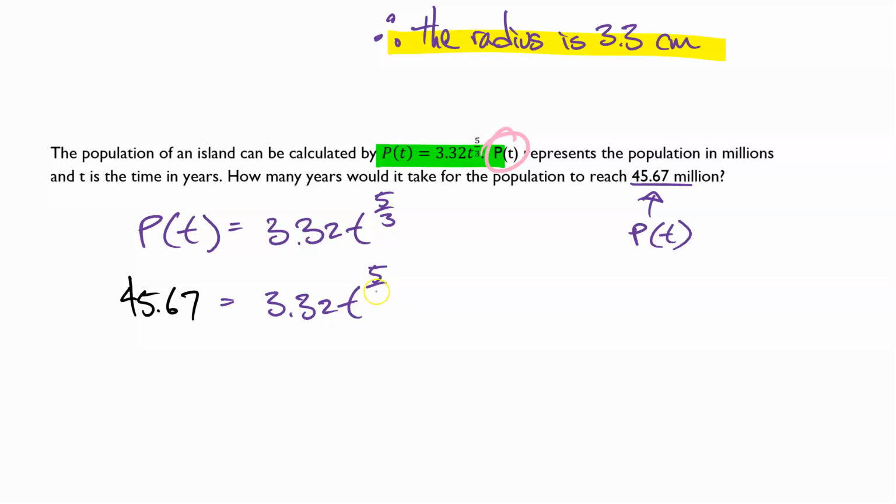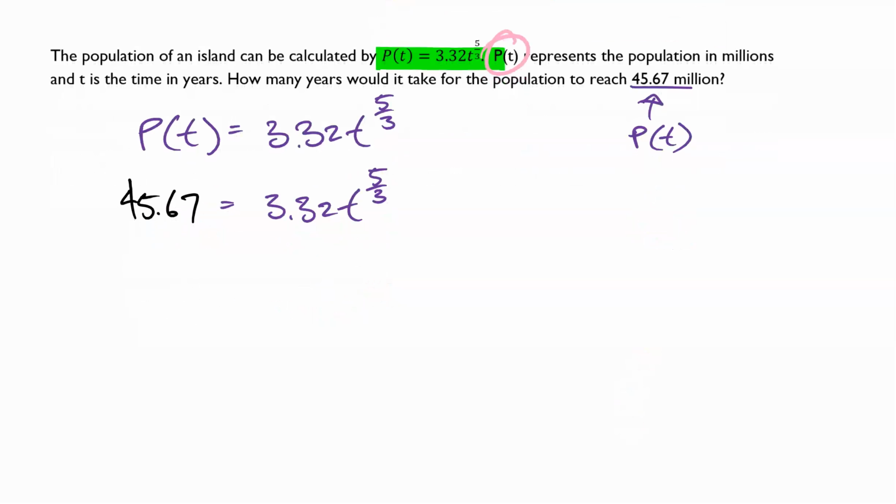If you can draw threes properly, it'll be even better. What do we do next? That's right, we're going to divide out the 3.32 because we are trying to isolate that letter t, on both sides. Okay, that's gone, and my left side now indicates 45.67 divided by 3.32. I'm going to go ahead and do that first.